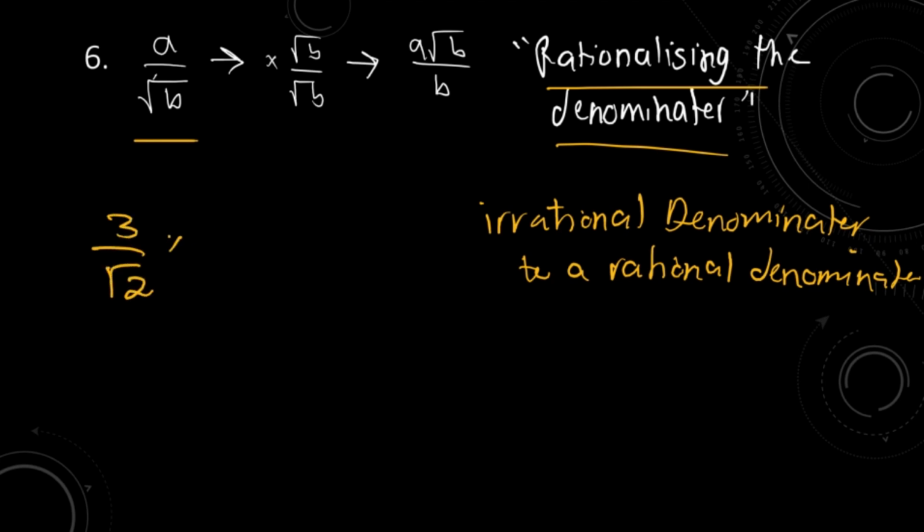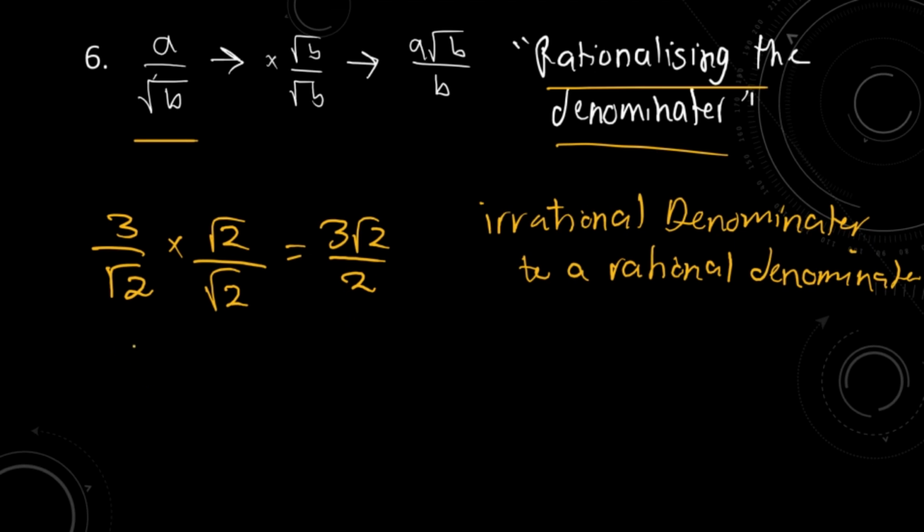You multiply 3 over square root 2 by square root 2 over square root 2, and this would give you 3 square root 2 over 2. This is a rationalized denominator, it's a whole number.